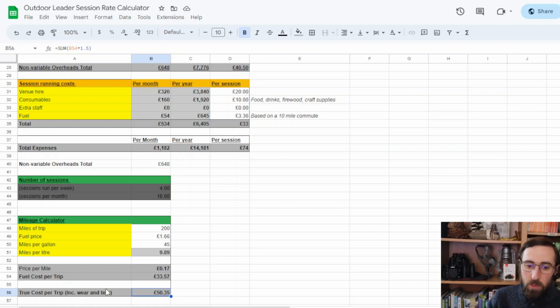So currently I've set it to roughly 50% extra over the fuel cost to give me a total for wear and tear and petrol. So for a 200 mile trip, in total wear and tear and everything else, I would say you'd be looking to put away about £50.